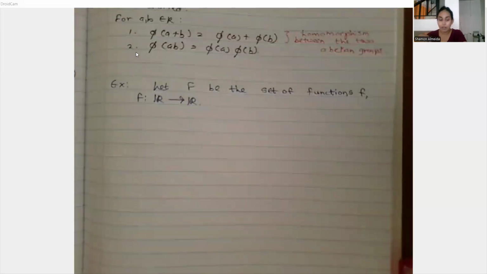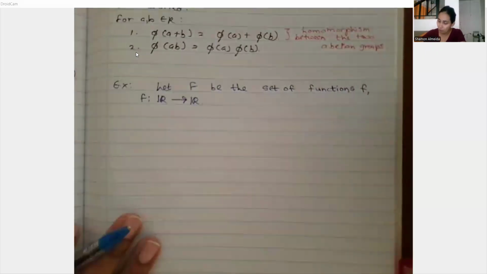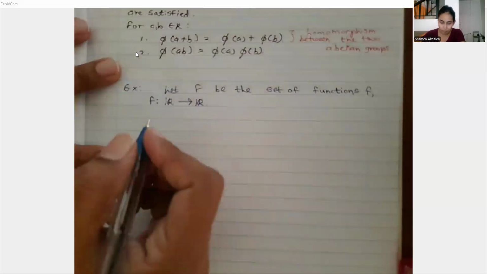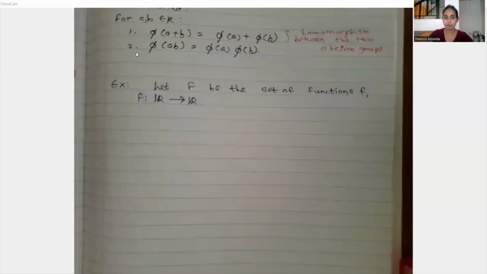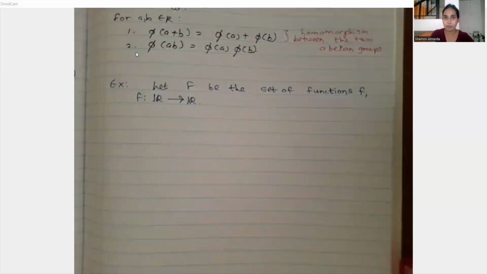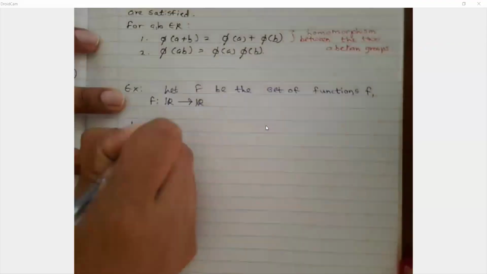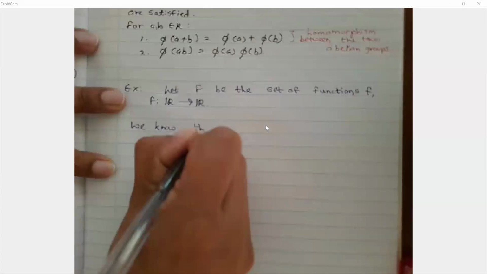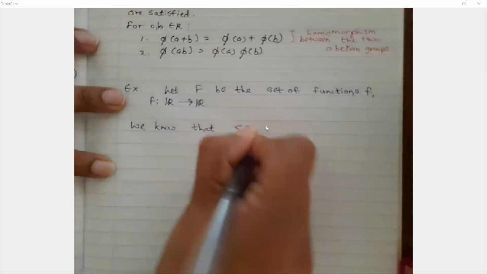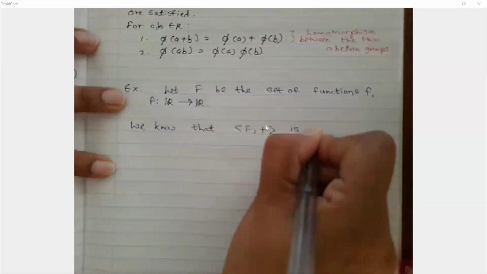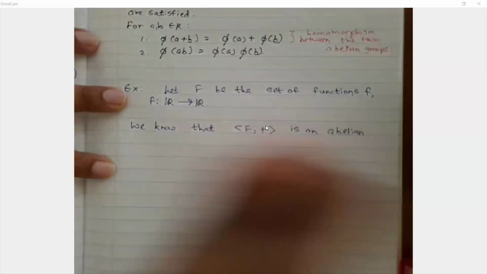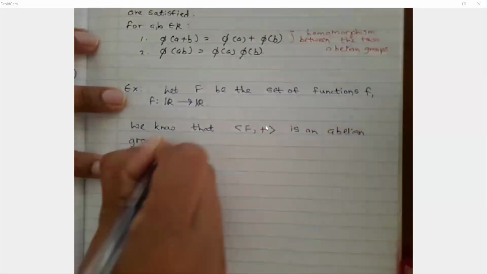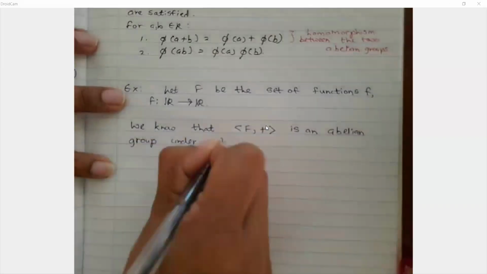And we have not defined the multiplication, or the multiplicative structure, for F. So let's define it right over here. We know that F together with addition is an abelian group under the usual function addition.